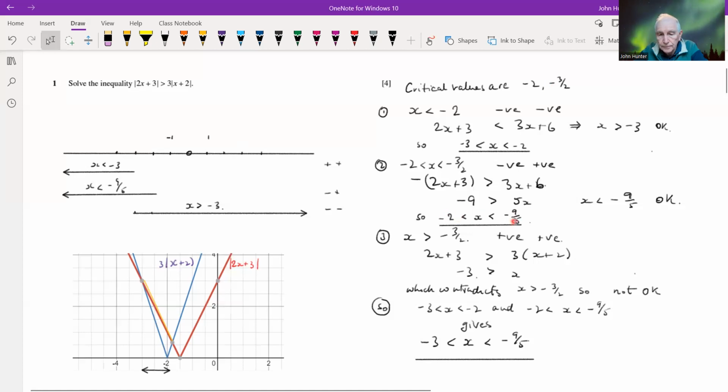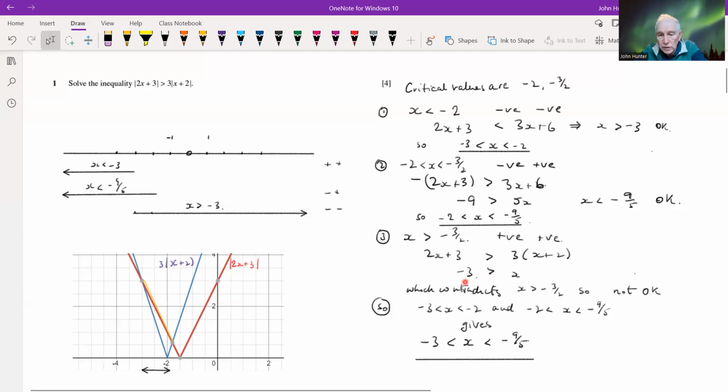Now, the other one is when x is greater than minus 3 over 2, in which case both of these are going to be positive. So we can replace our absolute value signs by brackets, and we get 2x plus 3 is greater than 3 into x plus 2, giving us x is less than 3. Now, when we compare this to the range that we've been looking at, we can see that we've got a contradiction here.